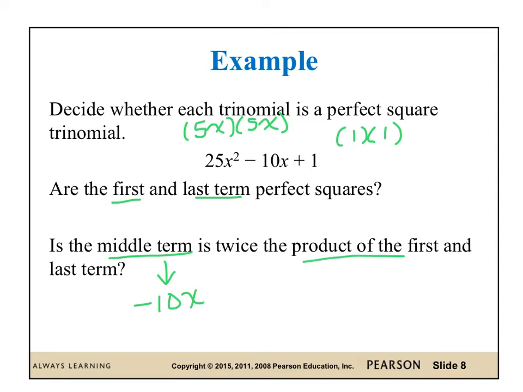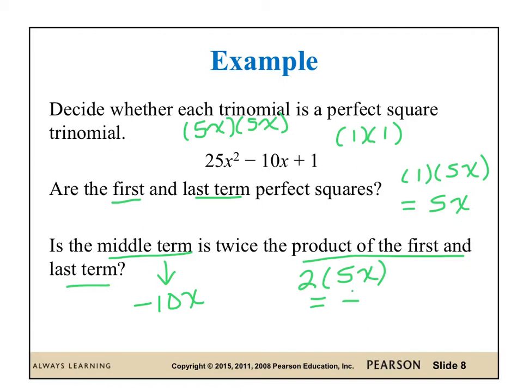The product of the first and the last term is 1 times 5x, which is 5x. And so twice the product of 5x is equal to positive 10x.